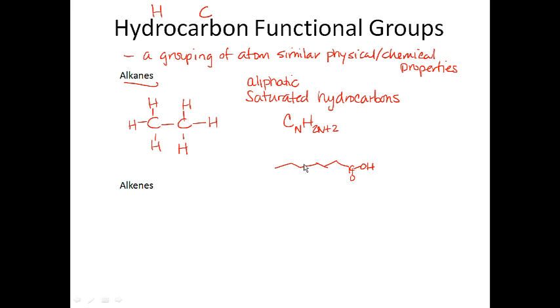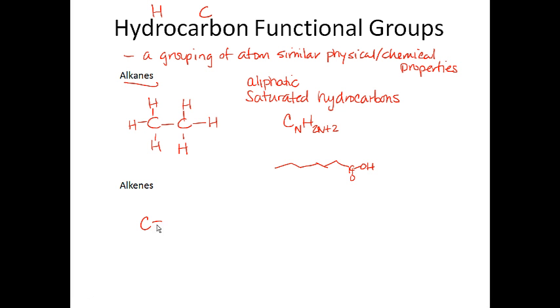If there's a double bond in here, then it's called an unsaturated fat. I think it's the saturated fats that are, quote unquote, bad. So alkanes are the simplest hydrocarbon functional group, and we are going to talk about those first.